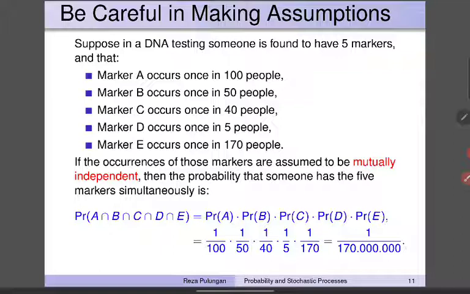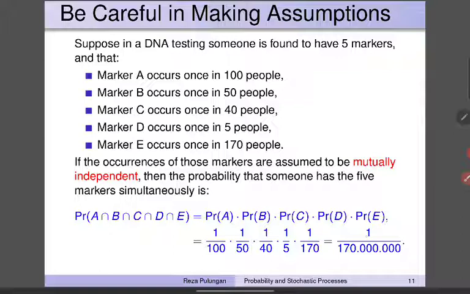This is a small number in the sense that if you have found that someone has these 5 markers, then it is rare to find someone else who has the same markers. It will happen with this probability, and this is a very small probability.